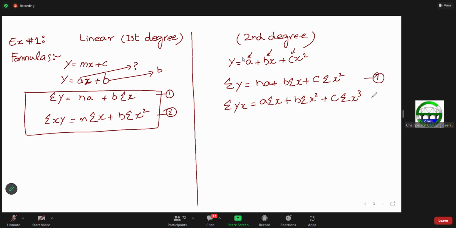Equation number 1, equation number 2, and equation number 3, again multiplied with x. So multiply again with x², and it will be Σx²y = aΣx² + bΣx³ + cΣx⁴.